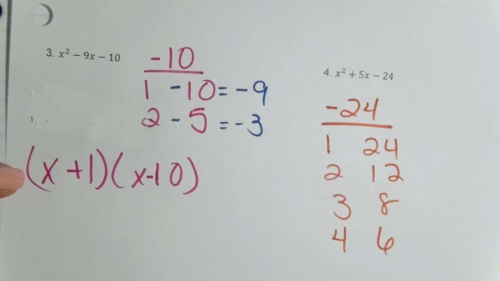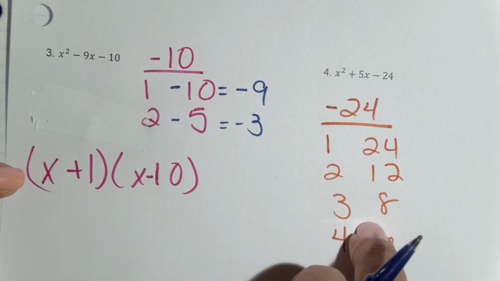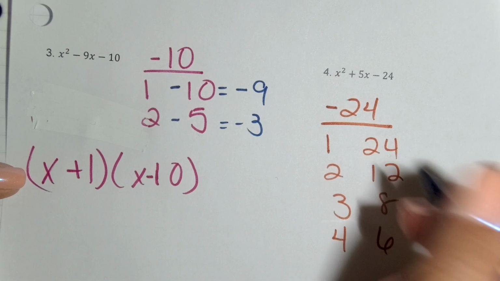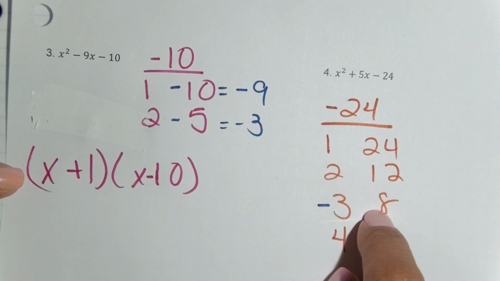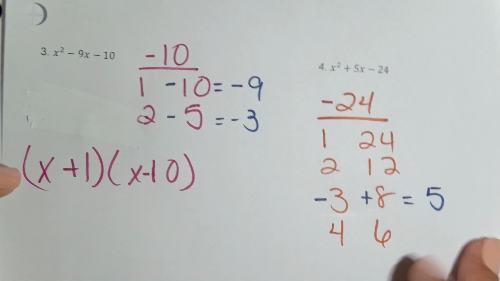Which factor pair will look like it will give me positive 5? 3 and 8. Good. What's negative? What's positive? Look at Andina putting it in her calculator to figure it out. Negative 3? And 8 is what? Positive. So that will give me a positive 5.